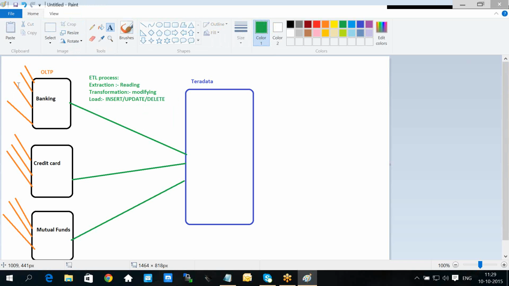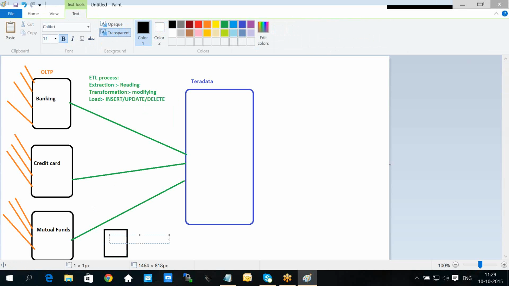So the process of integrating the data from your transactional systems and from your flat files and everything is called the ETL process. You might even receive the data in the form of flat files, or in the form of XML files.